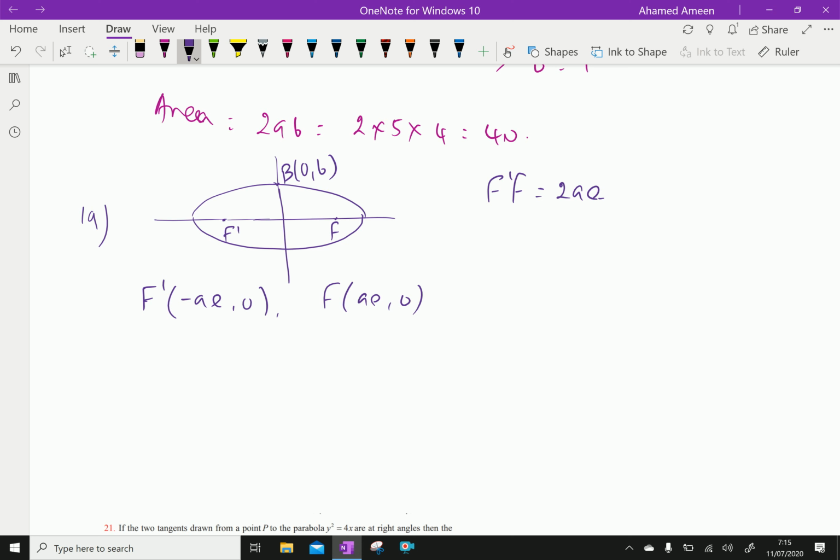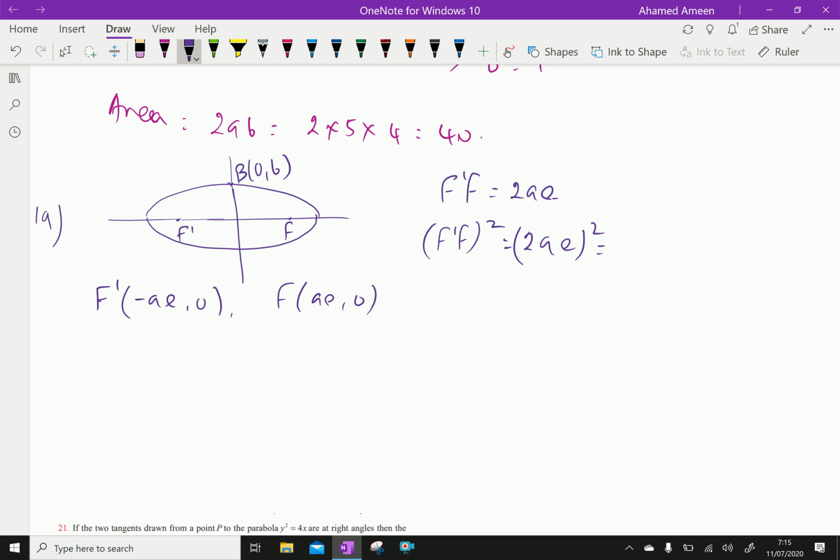Now we will do F dash F the whole square is 2AE the whole square, equal to, because here the line joining F dash to B and F to B is a right angle at B.